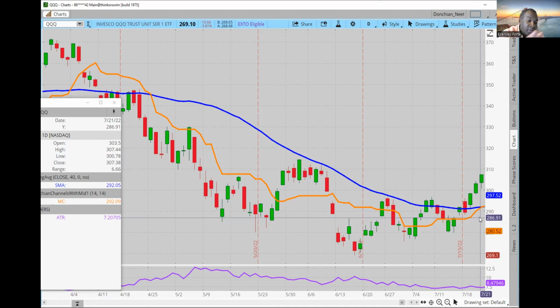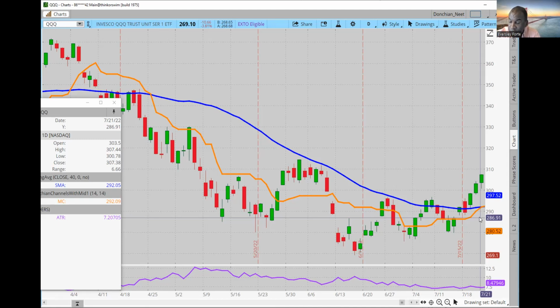But I know that for the QQQ, the NASDAQ, about 88% of the time when I see this trade signal valid, the Qs will go higher by a certain amount within the next 30 to 60 days, 88% of the time.